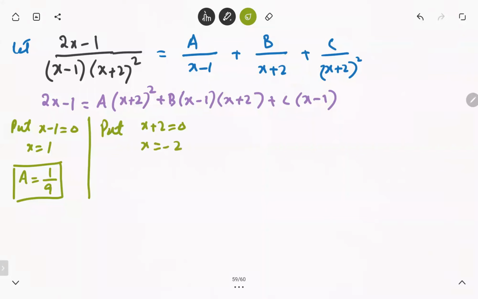So now terms of a and b both will be 0 and you will get the value of c. क्योंकि x plus 2 a और b दोनों में इन्वॉल्व हो तो दैट इज 0. सो a और b वाली टर्म 0 हो जाएगी. क्या आ रहा है? 5 by 3. Afan is saying 5/3.